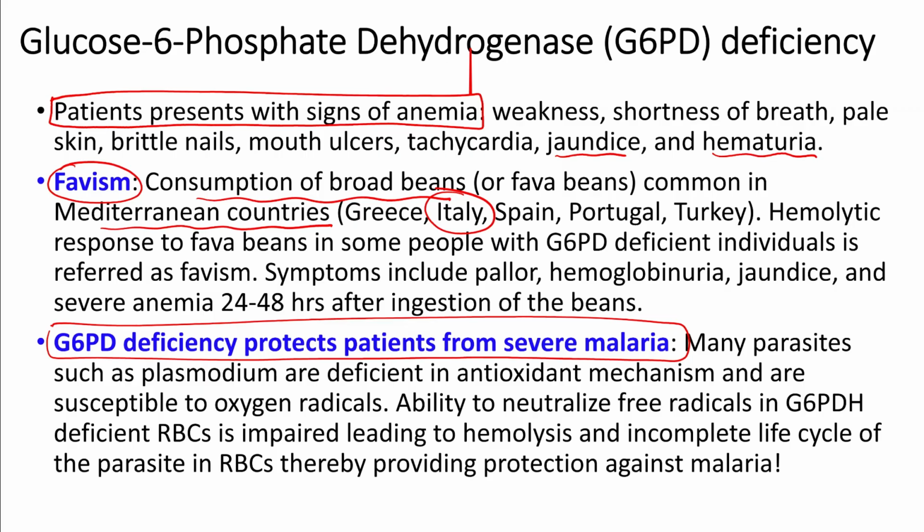They just act as carriers, whereas males are affected with the disorder, but the condition is okay compared to severe malaria. So that is heterozygote advantage, this protection against malaria. That is the concept. You just need to be aware of the connection between malaria and G6PD. Just a survival advantage. Okay, that's it.